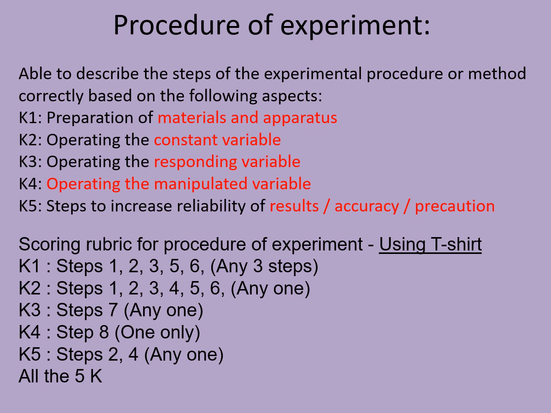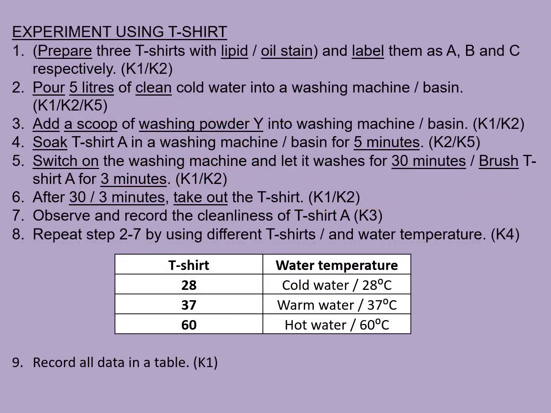K2 only once, K3 only once, K4 once, and K5 also once. So if you have 3 K1s, 1 K2, 1 K3, 1 K4, 1 K5, that is enough. 5K, so you get 3 marks for procedure of experiments. Let me see the procedure.